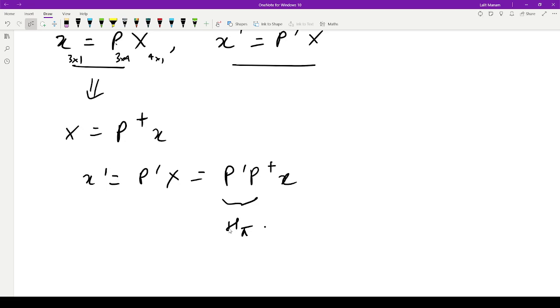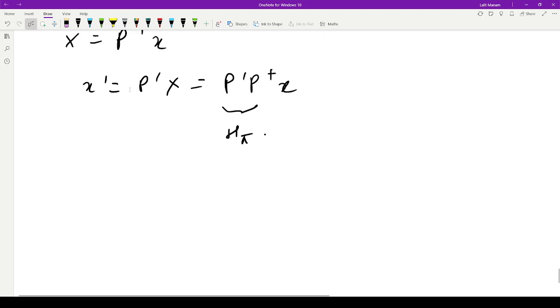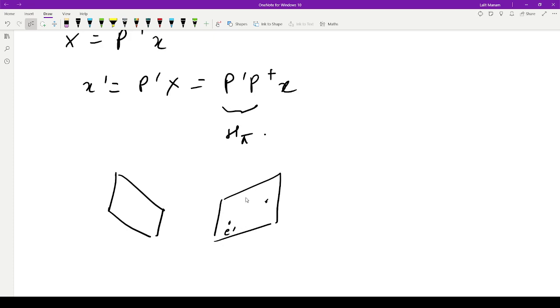Too many formulas to remember. So what can I do? If I remember the diagram, then it's even easier, right? So what do I know about this?